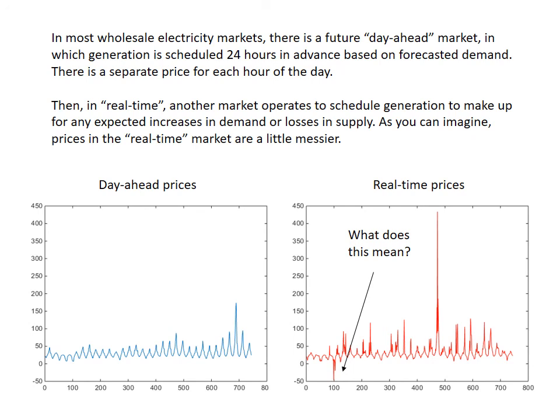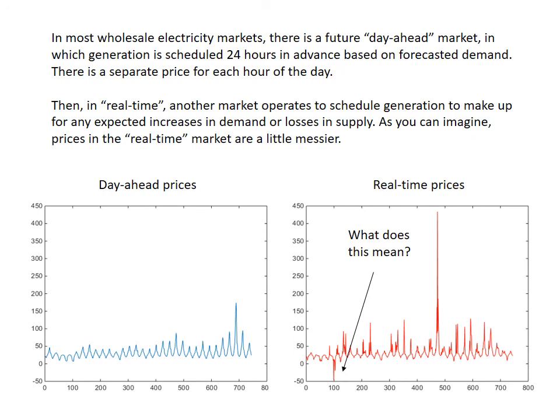Or there could be certain contingencies that occur that increase or decrease demand for electricity. And so there's usually a second real-time market for electricity as well that's run every 5 minutes or even at higher time resolution than that in order to balance supply and demand in real time.